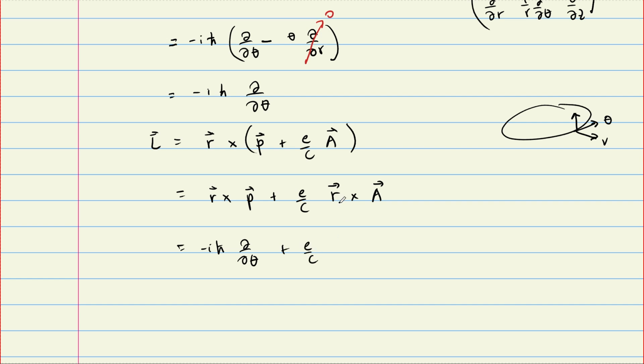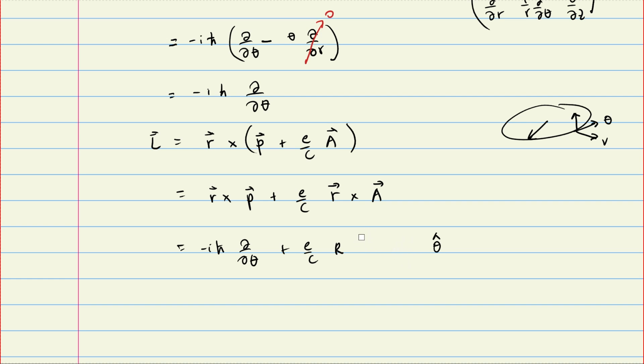We only need this on the ring, so this is going to be r times r hat cross A, and A is going to be A theta times theta hat.